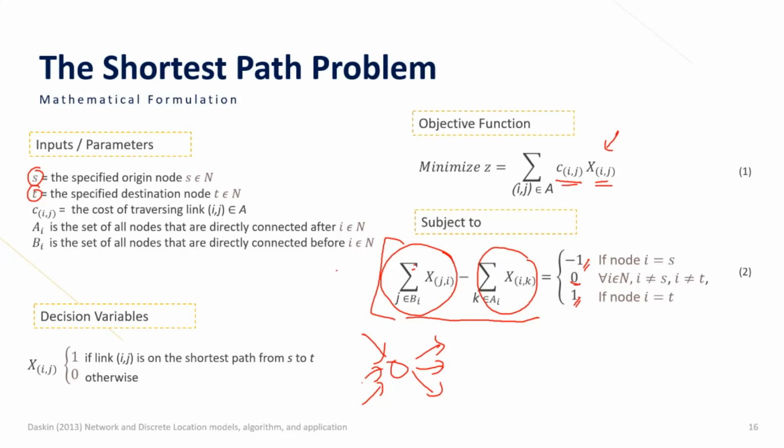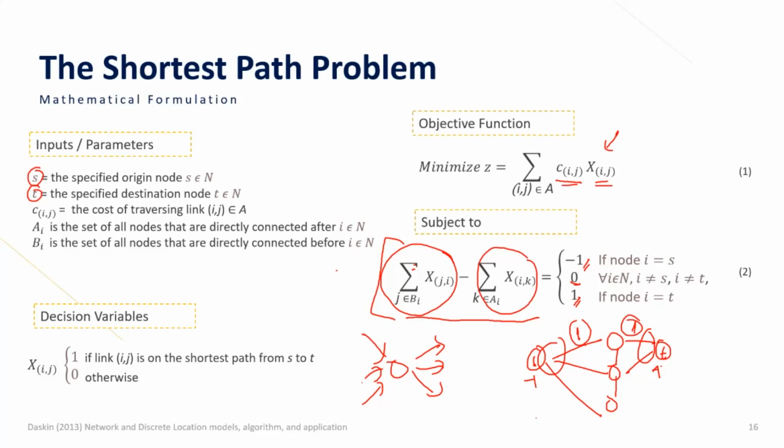It means what? For example, like this. If this is your start and then the destination here, the total here should be -1. The total going in here should be 1. But if you are in the middle, it should be 0. Why? Because here is 1 and here is 1, the xij, so they will cancel each other, and it will be balanced between going in and going out.